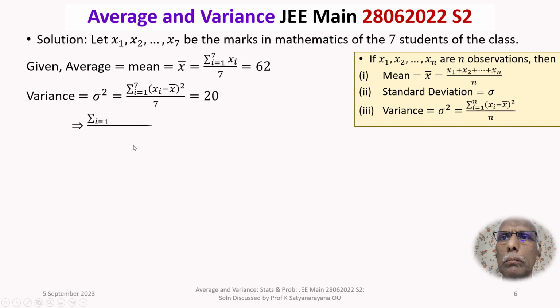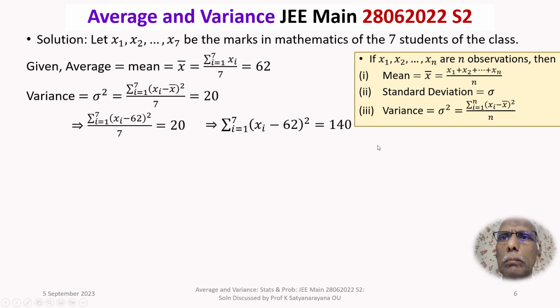Substitute, then you will get sigma i equal to 1 to 7, (xi minus 62) whole square, by 7, is equal to 20. Cross multiply, we will get sigma i equal to 1 to 7, (xi minus 62) whole square, is equal to 140.